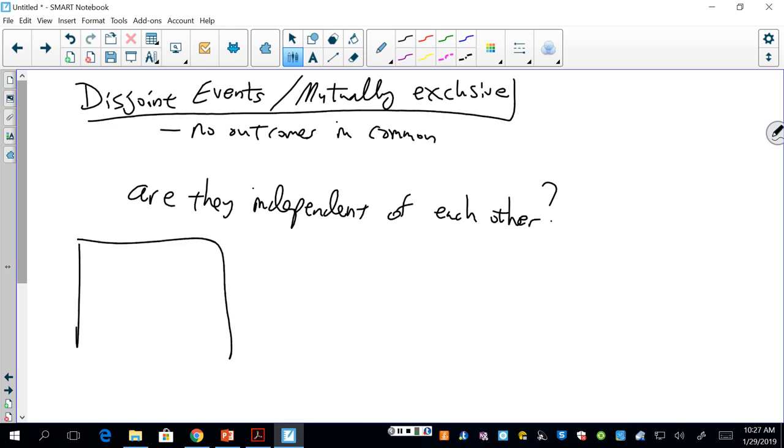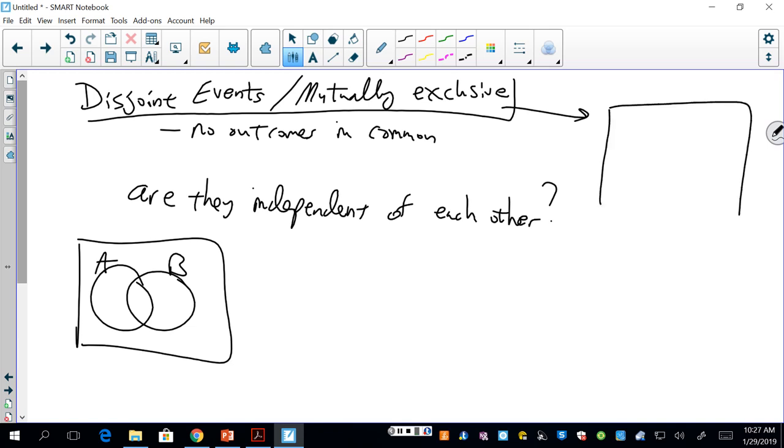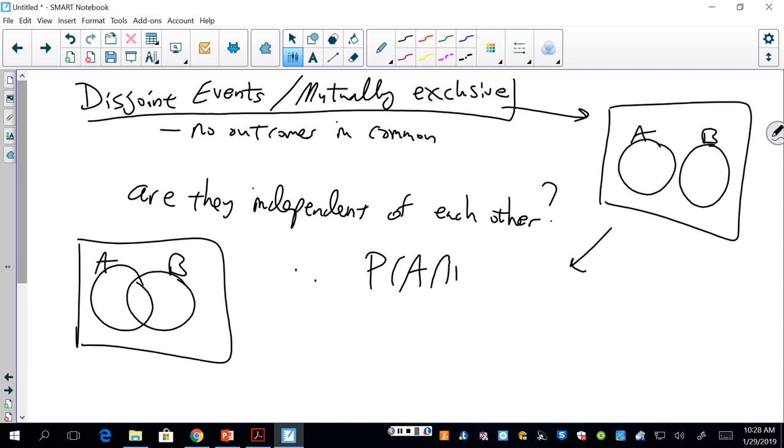So in a Venn diagram, the usual situation is A and B have some type of overlap. But if they're mutually exclusive, disjoint, they have to be drawn so that there's no overlap between them. And in this scenario, does the probability of A and B equal the probability of A times the probability of B?